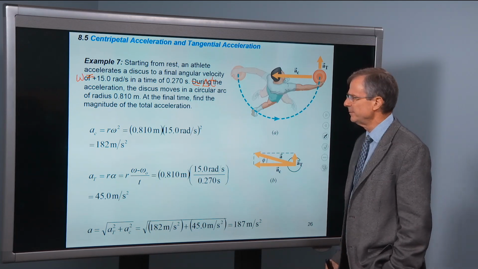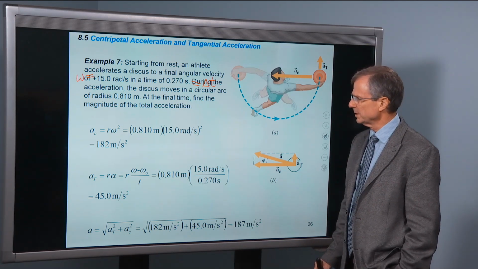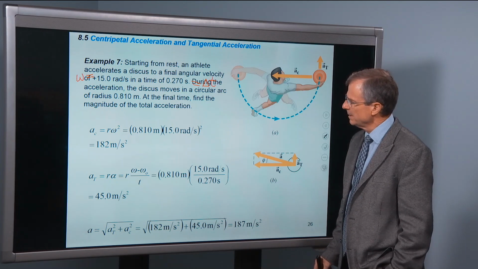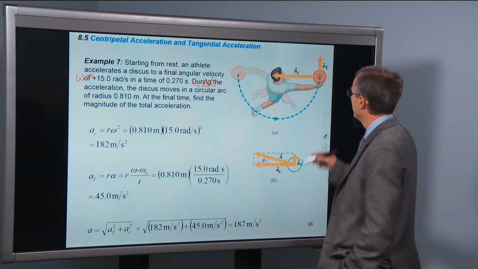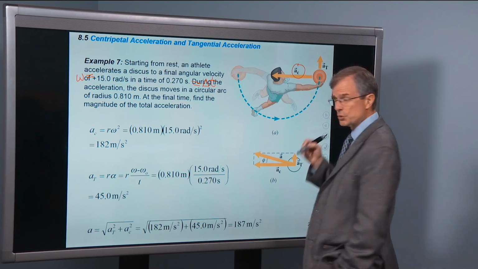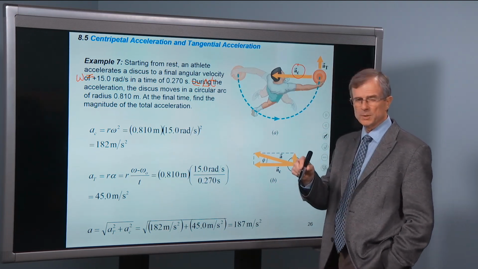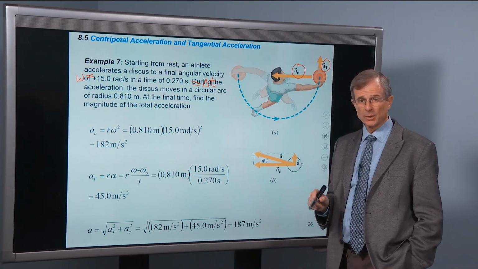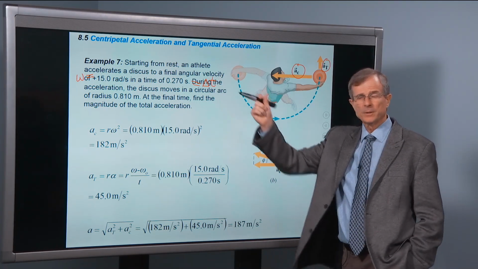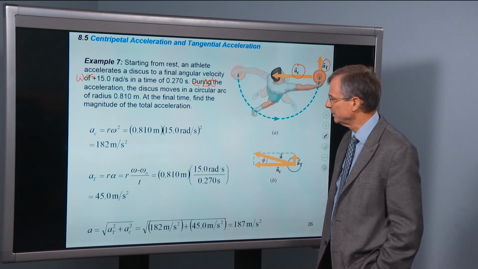At the final time, find the magnitude of the total acceleration. All right, we're going to have two components of acceleration. A centripetal component pointing toward the center of the circle, and a tangential component that's around the rim of the circle.